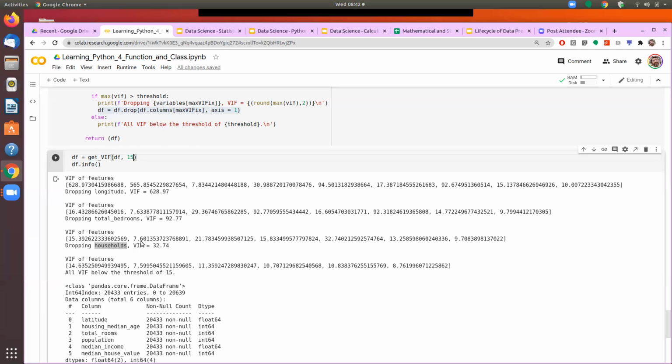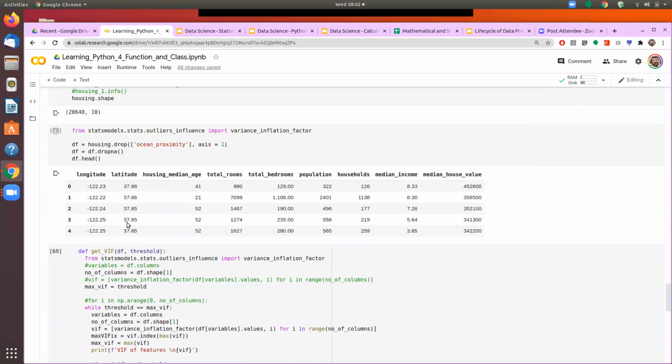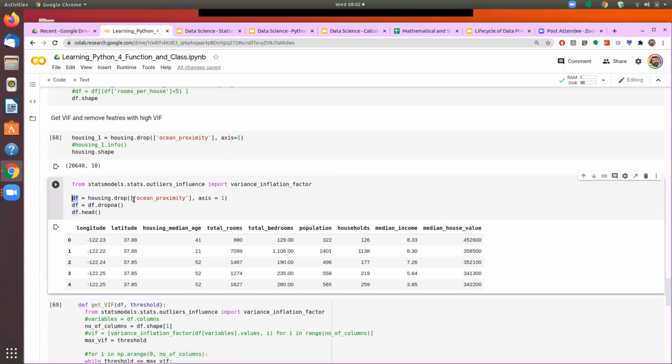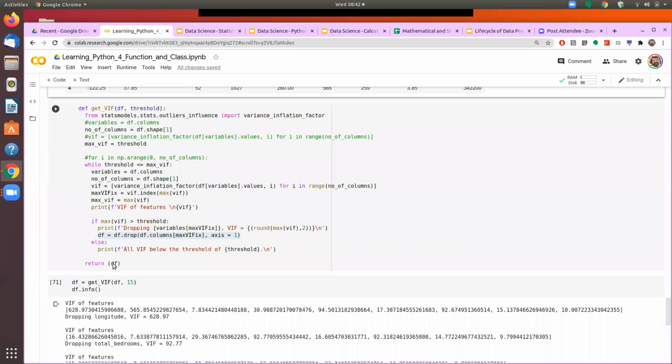Yes, this example that we have given to you is on the housing data, because if you see this DF, I defined it excluding the ocean proximity. All the measures of statistics you can't run on a field which is non-numerical. So I have removed that ocean proximity and stored that data in another dataset called DF. Then I'm running the WIF on DF. So this is for demonstrating how the WIF actually functions.